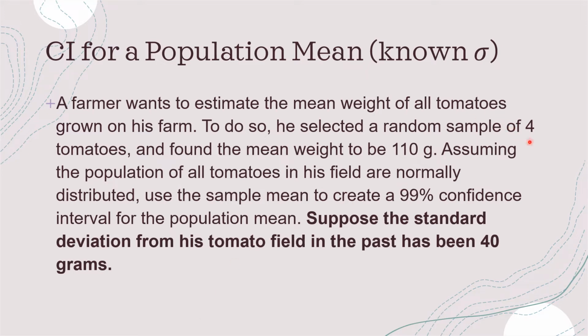So we have a sample of 4 tomatoes. The average was 110. We want a confidence interval at 99%. At the very end, we're told that the standard deviation in the field was 40 in the past, so we'd assume that carries over to the new one. This is important for using our Z.